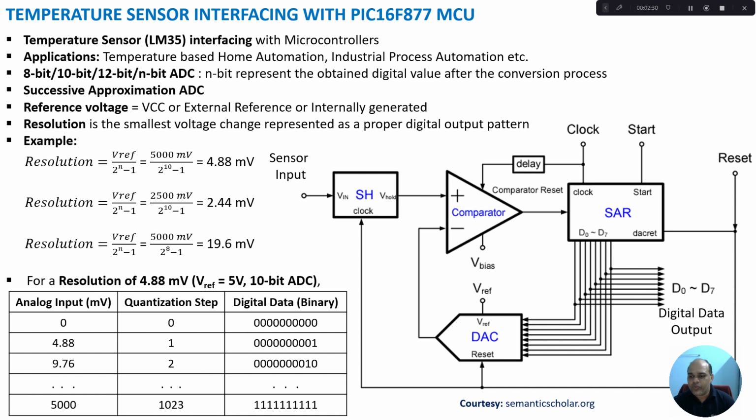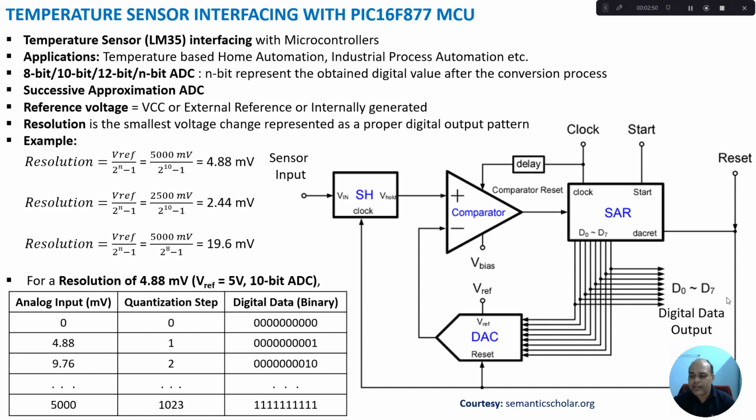So for each voltage, the corresponding binary values will be saved in the SAR register. Then once the comparator gives an output, the corresponding binary bit pattern will be obtained through the SAR register and given as an output D0 to D7.